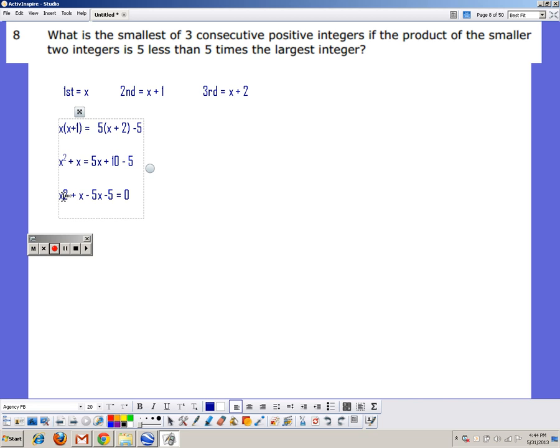Now I'm going to combine like terms. And the only terms that I can combine are the x minus 5x. So I wind up having x squared minus 4x minus 5 equals 0.